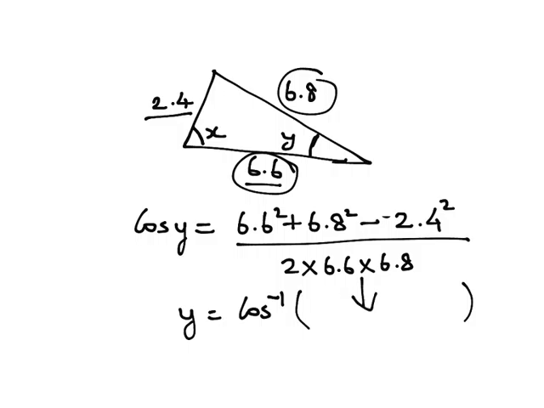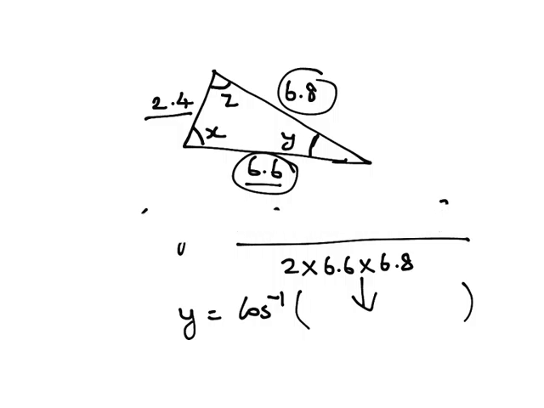Okay, students. Finally, let us say we have to find z. Of course, if you know x and y, then you find the sum of x and y and subtract it from 180. You can get the value of z. But if you want to use the cosine rule, let's say you haven't found x and y, you want to straight away find the value of z. Then you use the cosine rule.